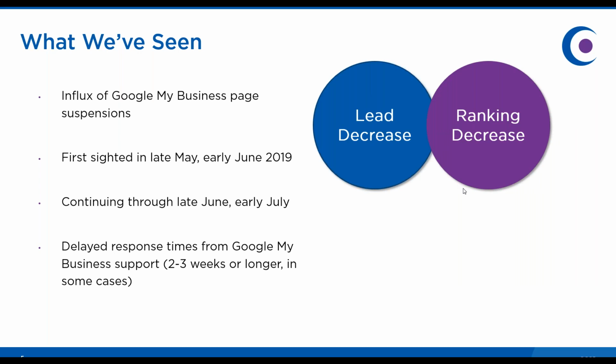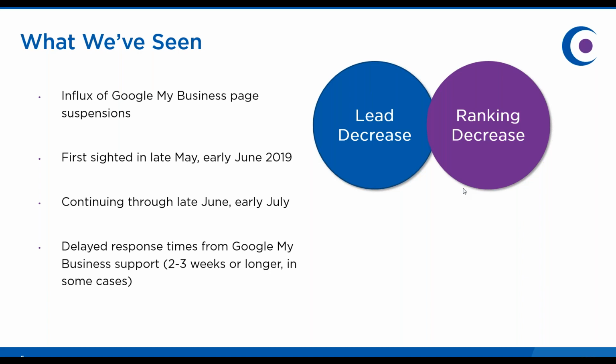So, a suspension can mean many not great things for your business. The first is a decrease in leads. For many people, the Google My Business listing will be tied to their Google pay-per-click campaign or Google Local Services ads campaigns, in which case you can be getting leads directly through those campaigns and the information that's pulled in from your Google My Business listing.